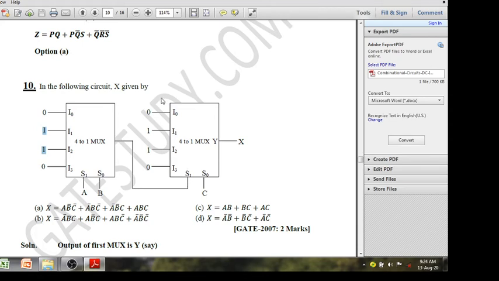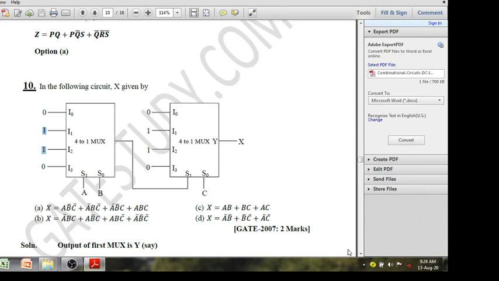Then again write down the same here, A XOR B. A XOR B bar C bar into I0, it is 0, so it will be 0. Next, A XOR B dot C into 1, and similarly A XOR B into C bar into 1.